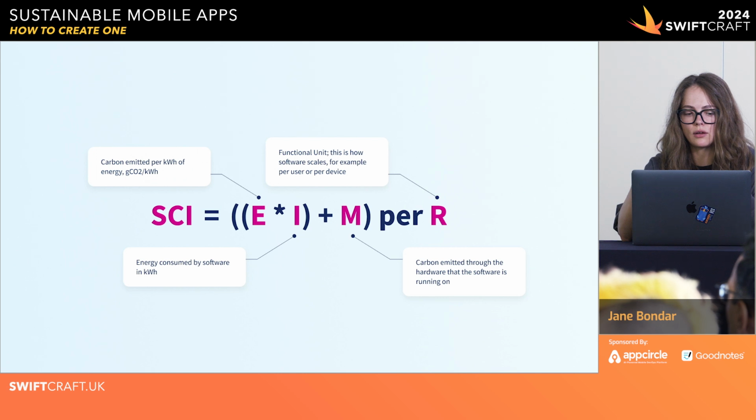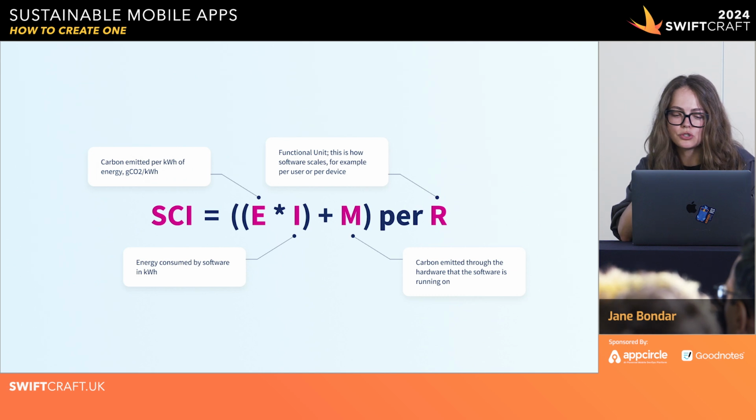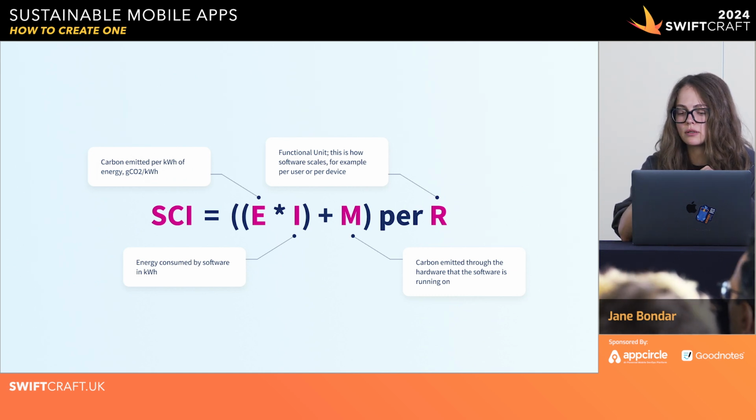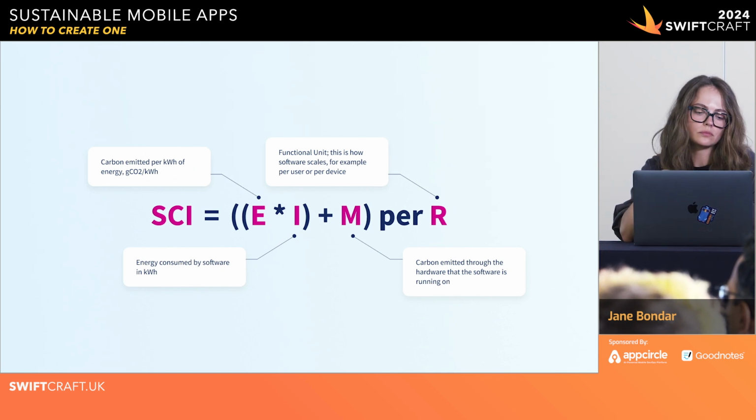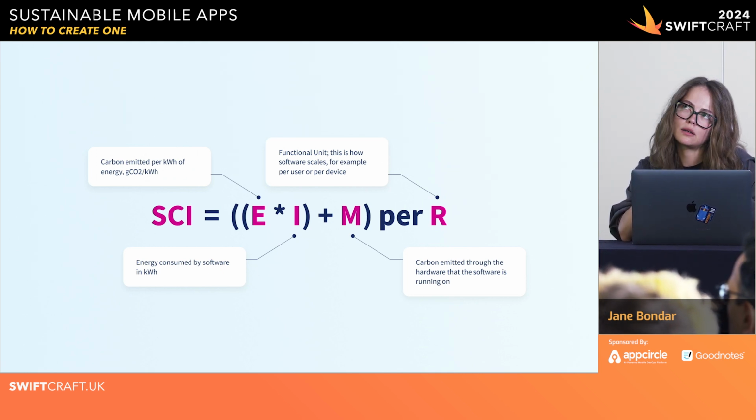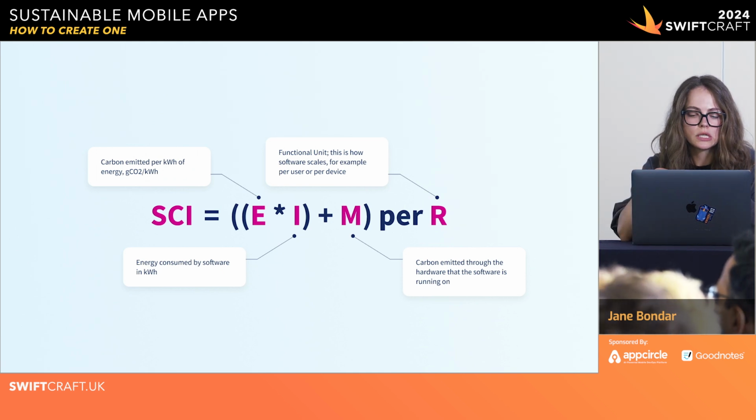So in automotive terminology, the SCI is similar to a kilometers per hour measurement, whereas the GHG protocol is concerned with the car manufacturer's entire carbon footprint and all of the cars produced each year. So your SCI score will drop if your application is more energy efficient, hardware efficient, and environmentally conscious.